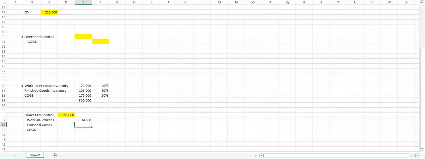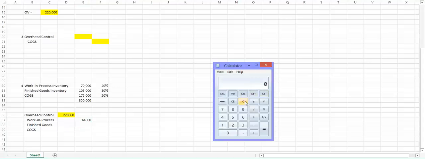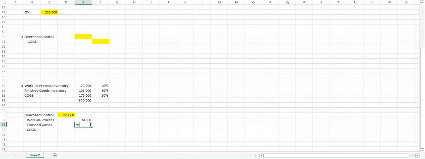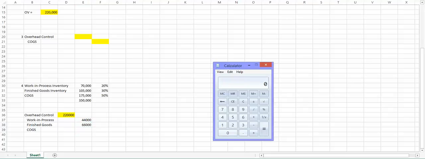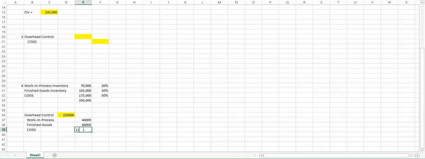Then we do the same thing with finished goods: 220,000 times 30% gives us 66,000. And then 220,000 times 50% gives us 110,000. And that is all you have to do for this problem.